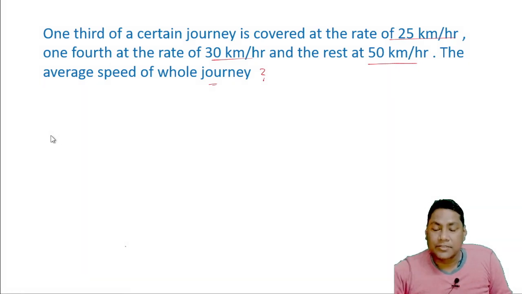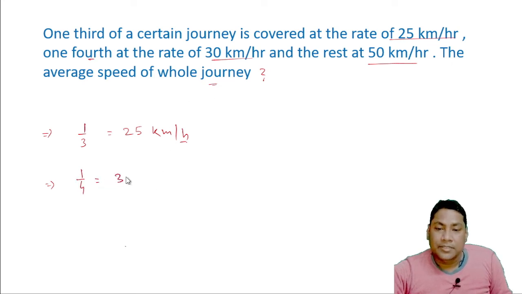So one third of the journey is traveled at 25 km per hour, next one fourth of the journey is covered at 30 km per hour, and the rest of the journey is covered at 50 km per hour.